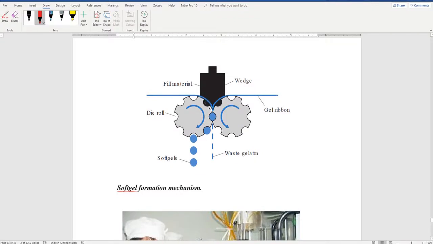Two ribbons, they come, they meet, they take the shape of the opening, they get filled. من تحت they are cut. Okay, بينقطع هاي شوفوا it's cut from below بعدين they meet from the top again, this goes down and it will be cut again giving ايش اللي هو soft gel.